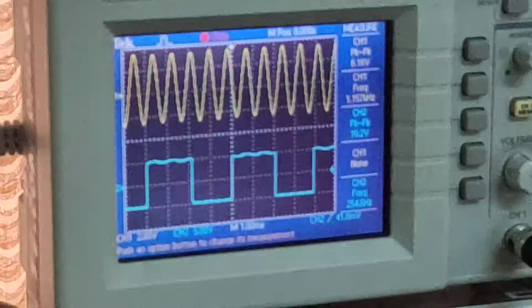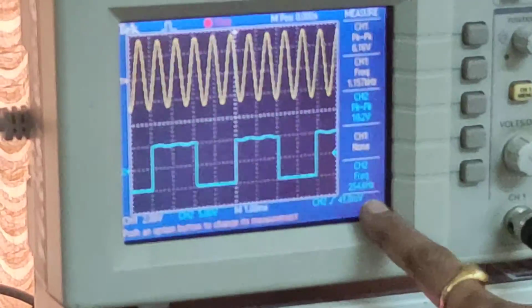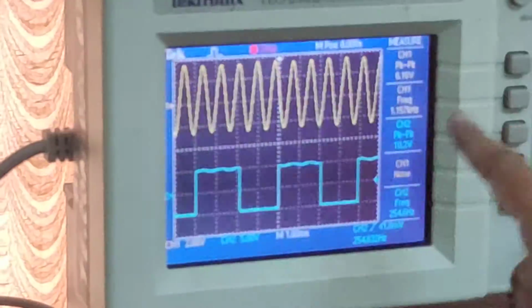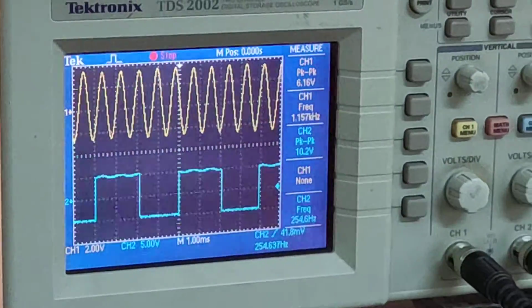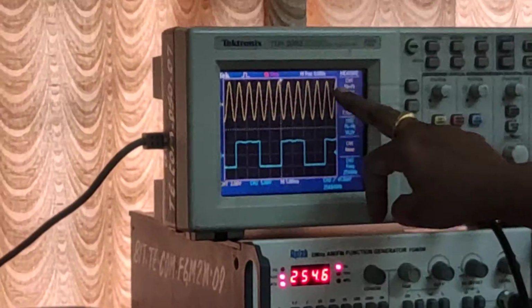One is the binary signal, which is of 254 hertz, and the carrier, which is around 1 kilohertz, is 1.15 kilohertz here. So this is the high frequency carrier, and the frequency ratio is 1:4.